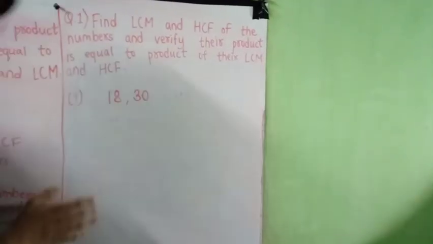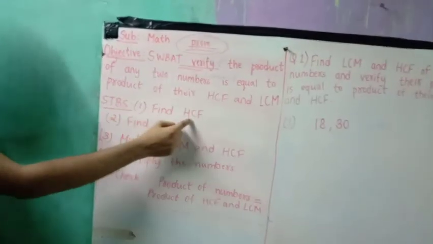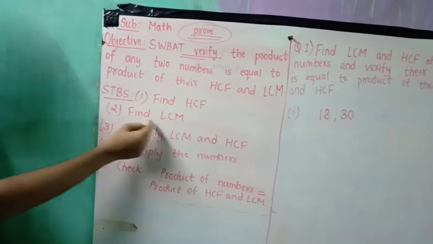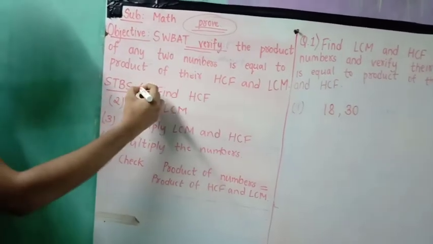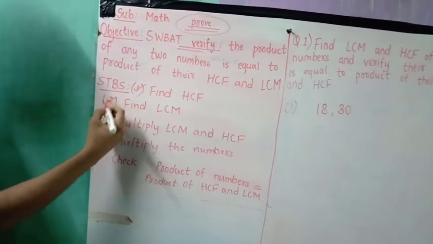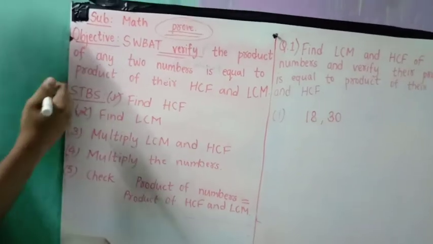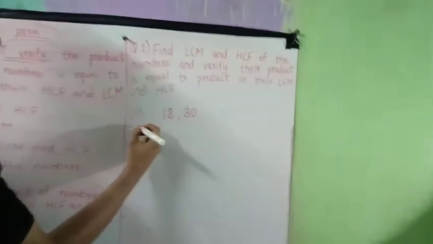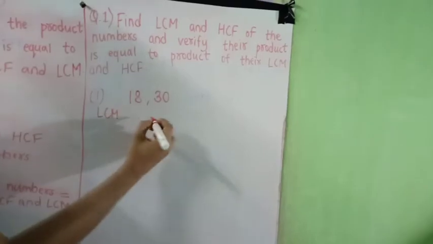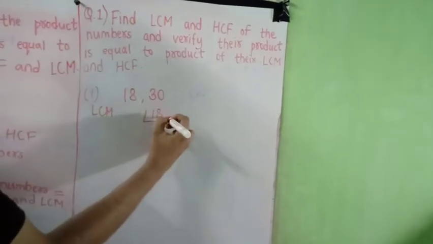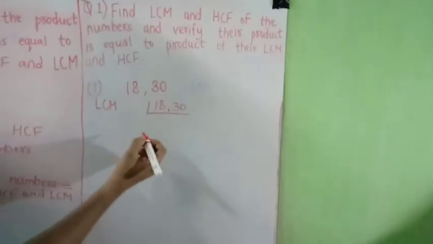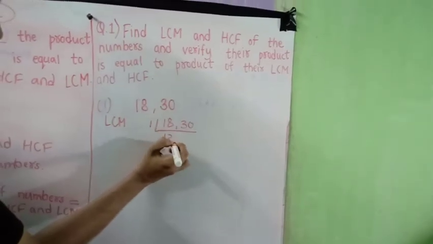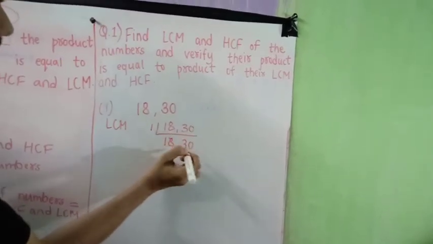All right, so let's see what is step number 1. Step 1 is find HCF and step 2 is find LCM. Very simple, we are going to find out HCF and LCM of these two numbers. Chalo, we'll do it quickly. So for LCM, take both the numbers together, 18 and 30. 1 18s are 18, 1 30s are 30.